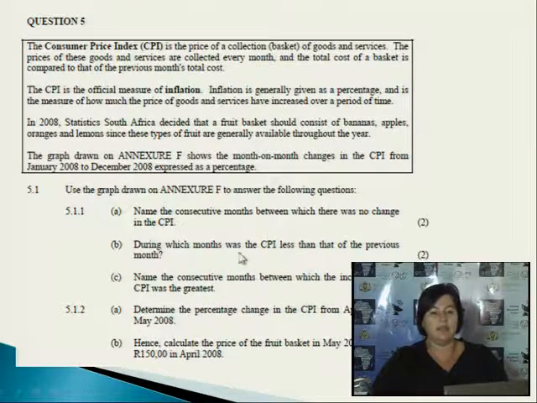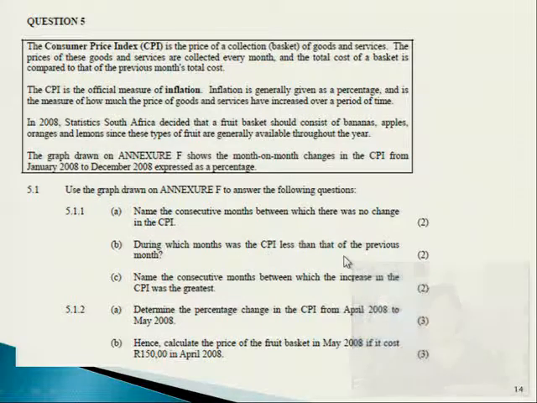So there's the keyword. Where was the CPI less than that of the previous month? So the first one was no change. The second one was less. Now let's look at the third one. Name the consecutive months between which the increase in the CPI was the greatest.